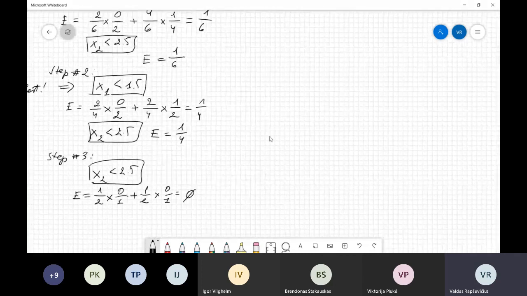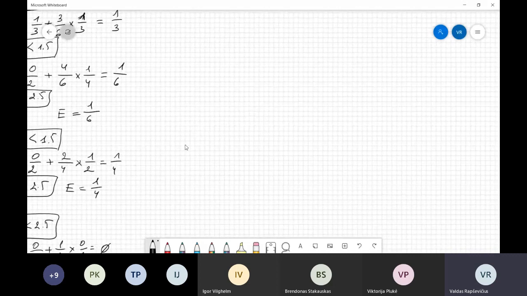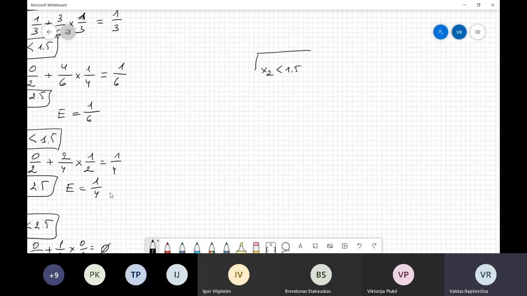Okay, so basically this has, after all, constructed for us a tree which can be expressed like that. We have constructed a decision tree where we have the first split, x2 less than 1.5, right?